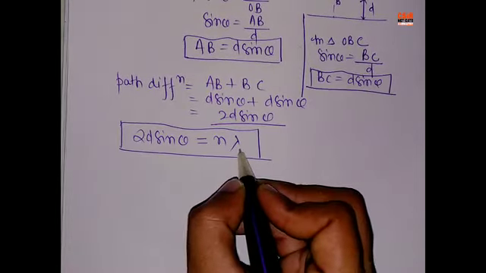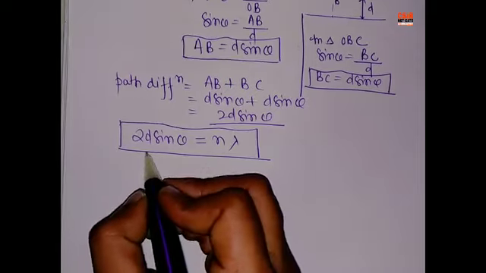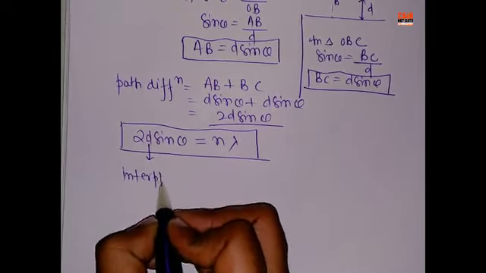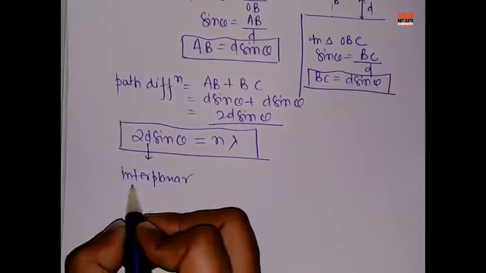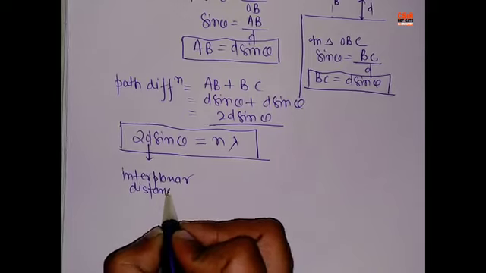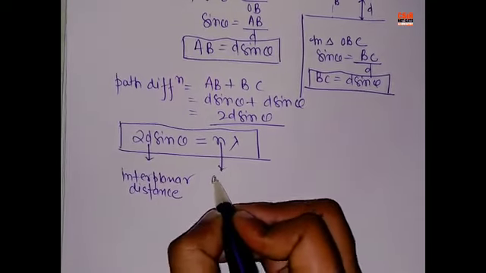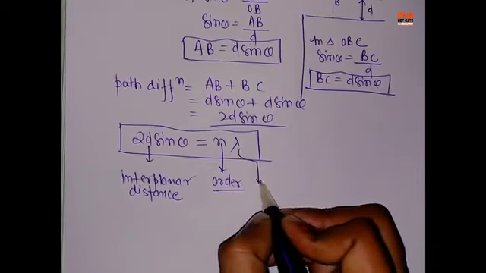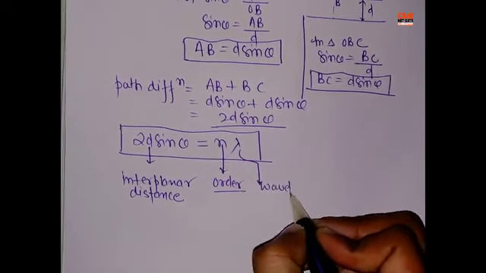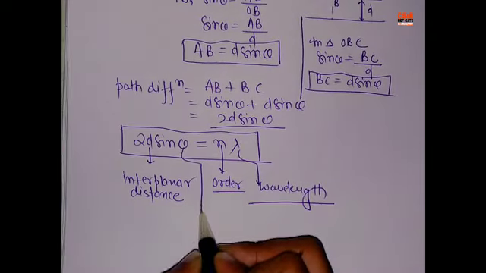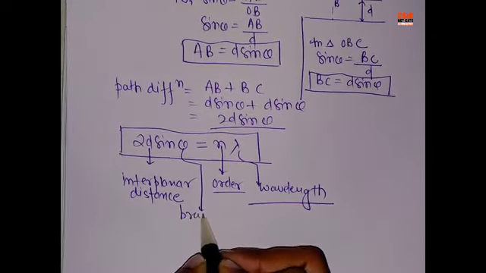Here d is the interplanar spacing, n is the order of reflection, lambda is your wavelength, and theta is the Bragg's angle.